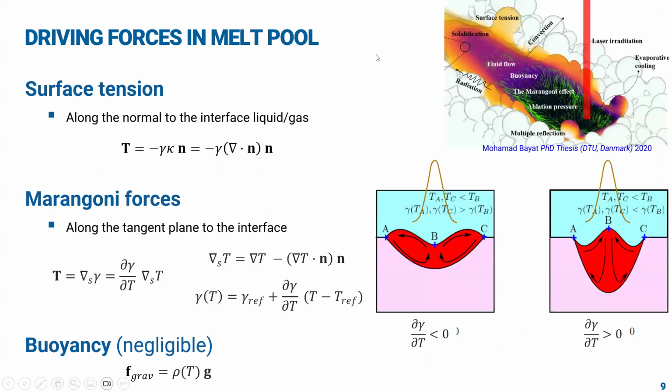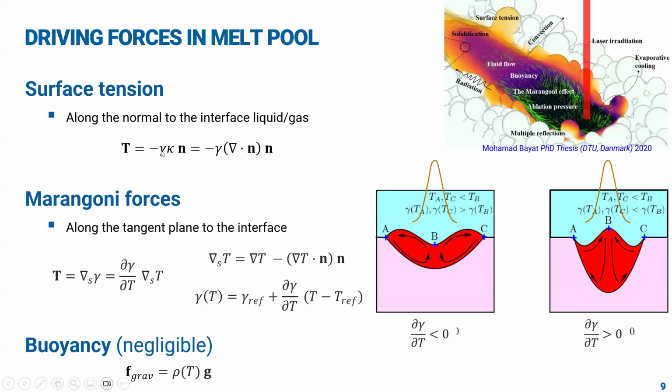And the second main driving force in the melt pool is surface tension, of course. Surface tension, maybe probably you know the effect of the surface tension acting as a force directed towards the normal of the surface.